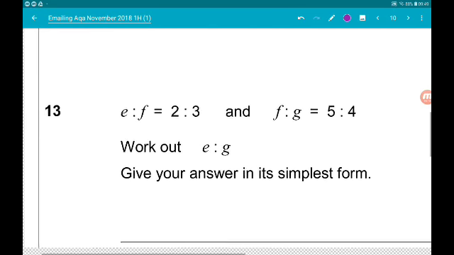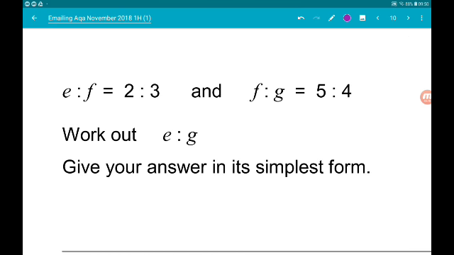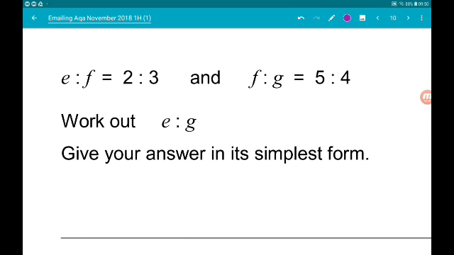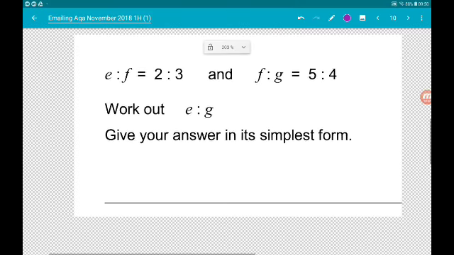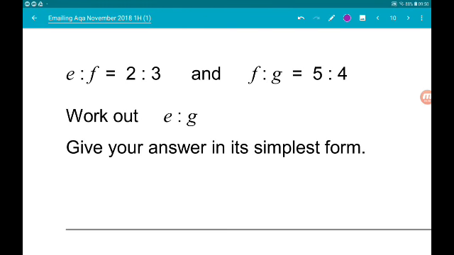Question 13 says e to f is 2 to 3 and f to g is 5 to 4. We want to work out e to g. Give your answer in its simplest form. So, this is combining ratios.